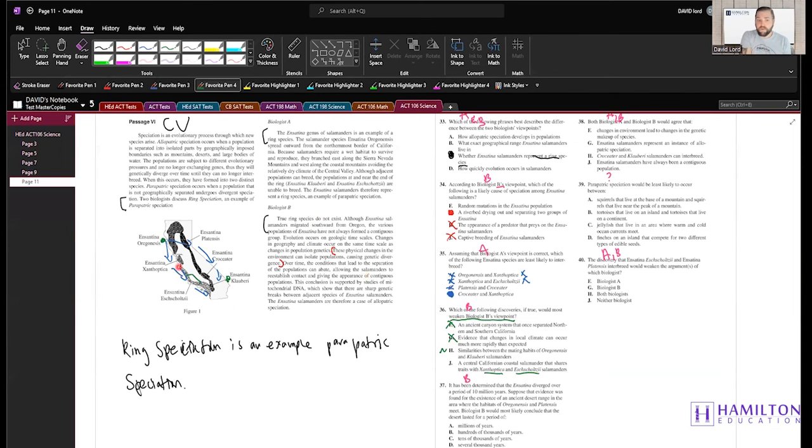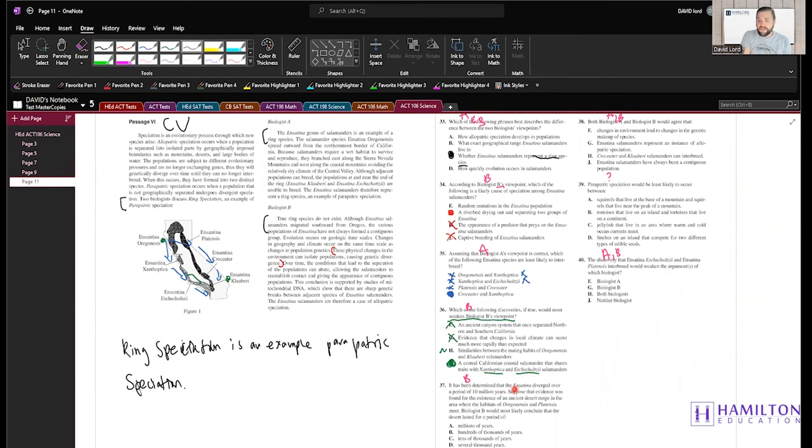So even though there are species that are adjacent to each other, they will not be able to mate with each other. So J here, if there was a salamander that did share the same traits between these two, that would suggest that there is a connection between the two species, and that would weaken scientist B's argument. So that's why I picked J as the best answer for this question.